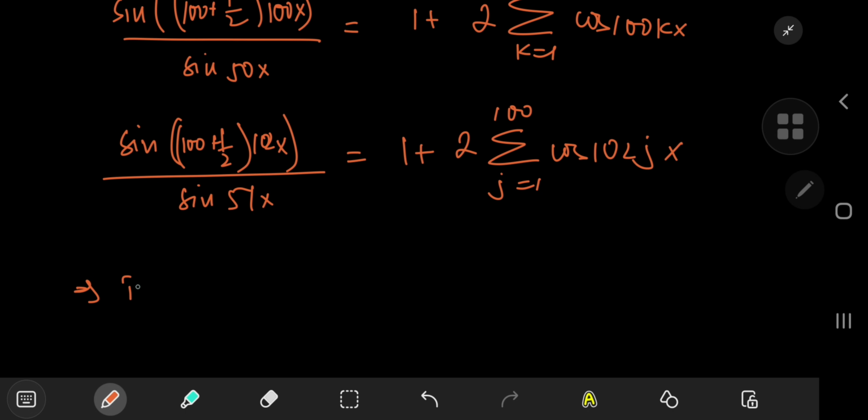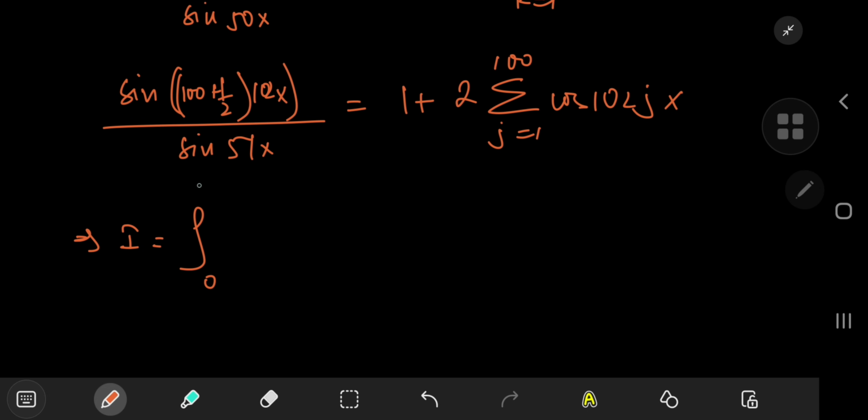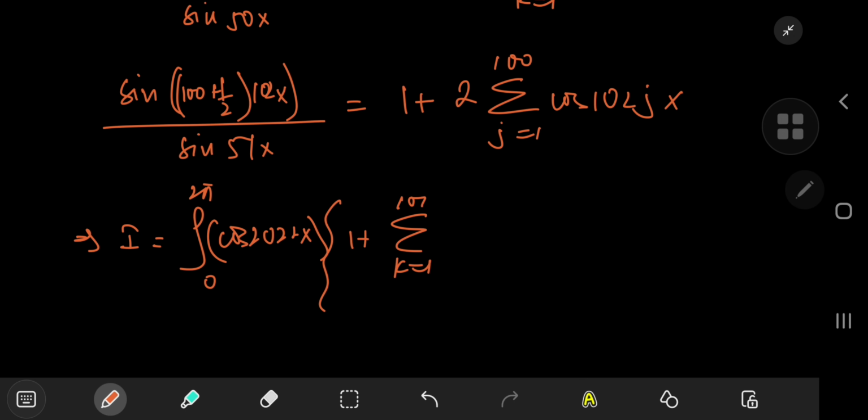So this implies that I equals the integral from 0 to pi, or 2 pi? It's 2 pi. The integral from 0 to 2 pi of the cosine of 2022x times 1 plus the sum over k from 1 to 100 of cosine of 100kx. Terribly sorry about that. So cosine 100kx. Plus, no, wait, the two fractions were being multiplied.